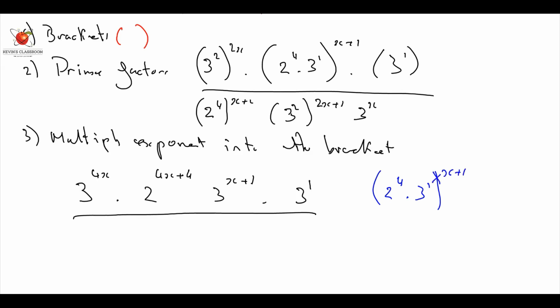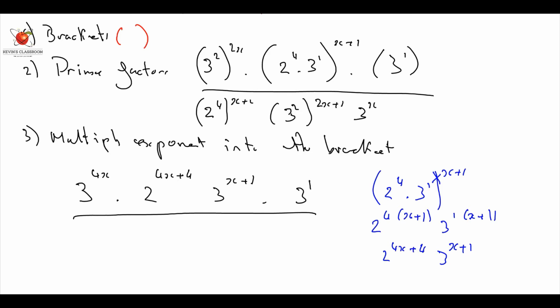This bracket means times, so 2 to the power of 4 times the whole thing, 3 to the power of 1 times the whole thing, which is x plus 1. That gives me 2 to the power of 4x plus 4, 3 to the power of 1x plus 1. You multiply it all in. That's where it usually goes pear-shaped.